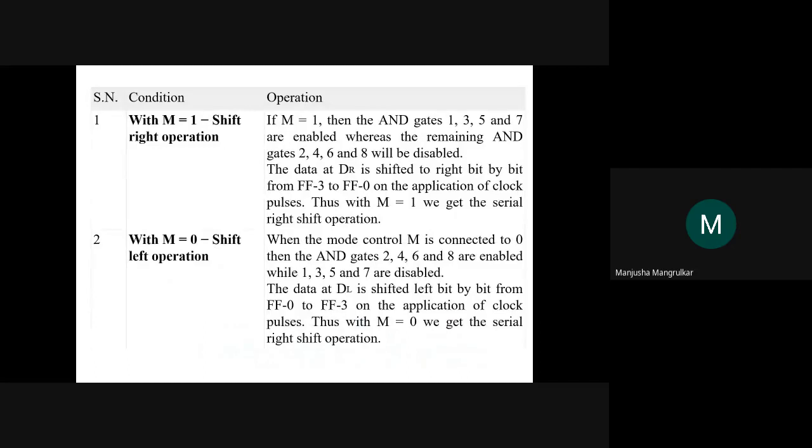With M equal to 1, it is the shift right operation. If M is equal to 1, then the AND gates 1, 3, 5, 7 are enabled, whereas the remaining AND gates are disabled, right?